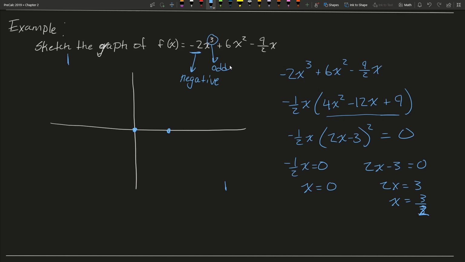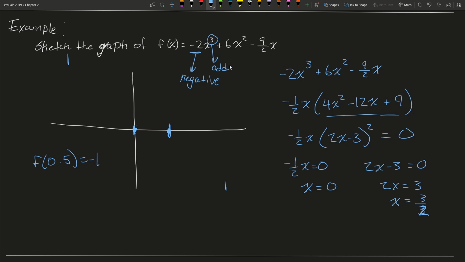So if we plug in a couple of values, let's say f of 0.5, which is between these two points, we will have a better idea about what happens. So if we plug that in, we end up getting negative 1, which is negative.